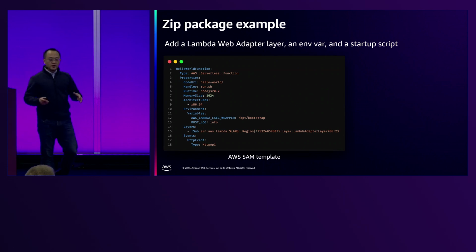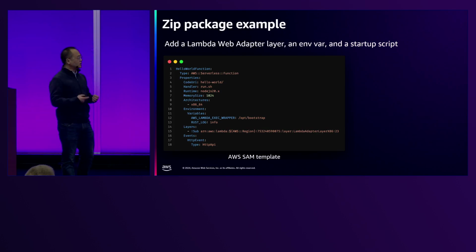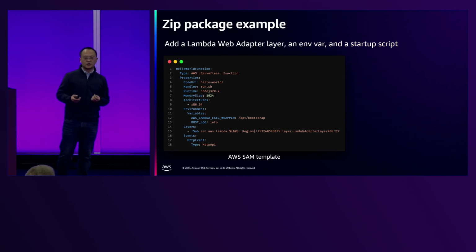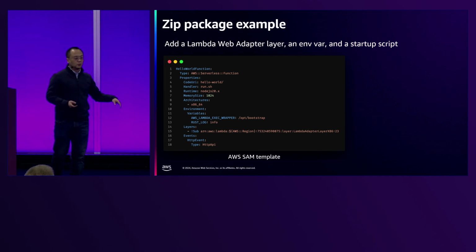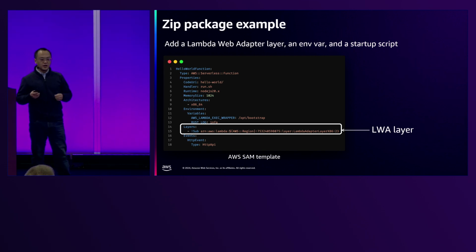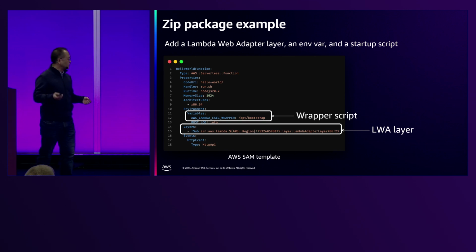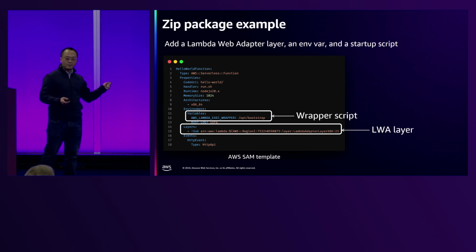Lambda also has another way to package your application, which is using zip. You can also use web adapter in the zip package format. This is a SAM template, for example. We provide web adapter as a layer, so you need to add a layer to your function, and you also need to do a little bit of extra configuration. You need to configure an environment variable called AWS_LAMBDA_EXEC_WRAPPER.